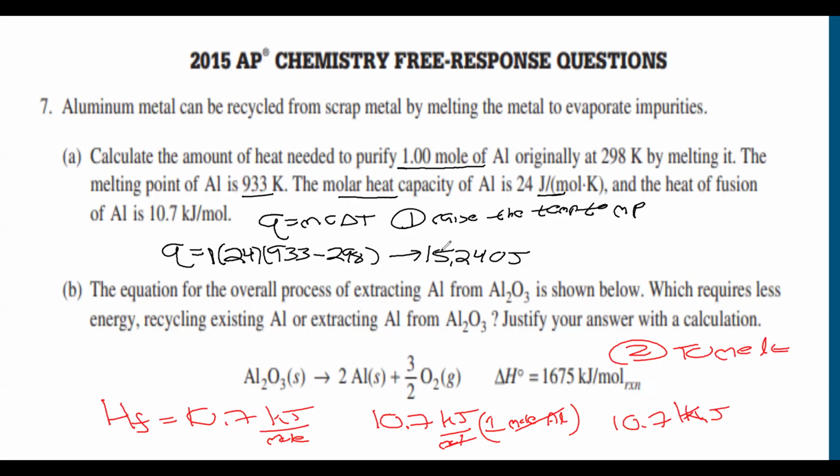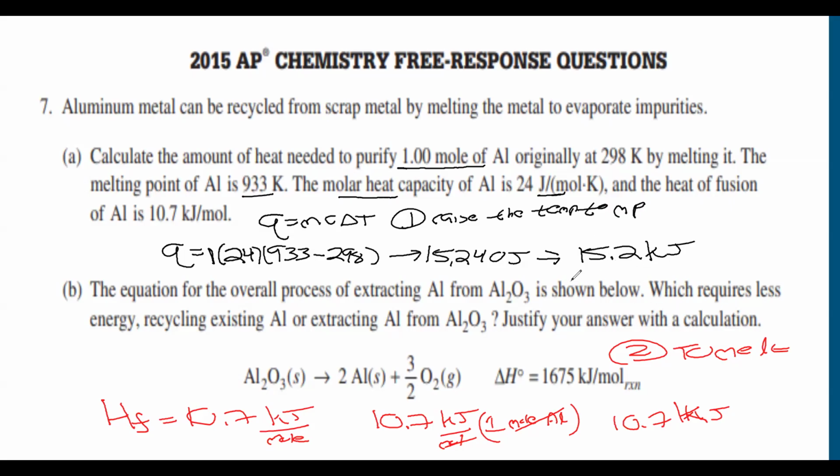And in step one, it took 15,240 joules to raise its temperature. We need to find the total value, so we're going to add these two numbers together. But we can't add them like this because the units aren't the same. So I'm going to convert the number up top from joules to kilojoules, and it becomes 15.2 kilojoules. Move the decimal 3 places to the left.